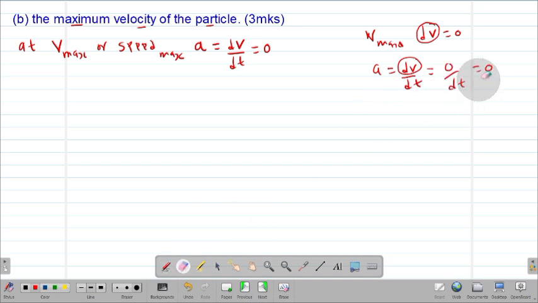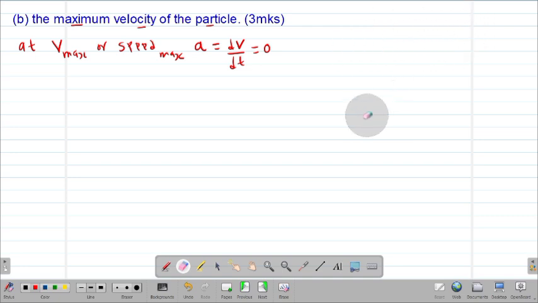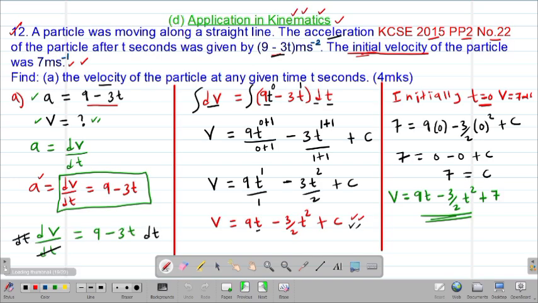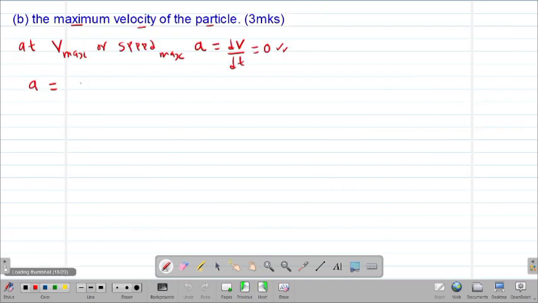Therefore, the key thing to note is that at any given maximum velocity or at any given maximum speed of the body, the acceleration of the particle must always be equal to 0. Therefore, we already have the equation for acceleration, which was given as 9 minus 3t. So this one is equal to 9, then of course minus 3t.